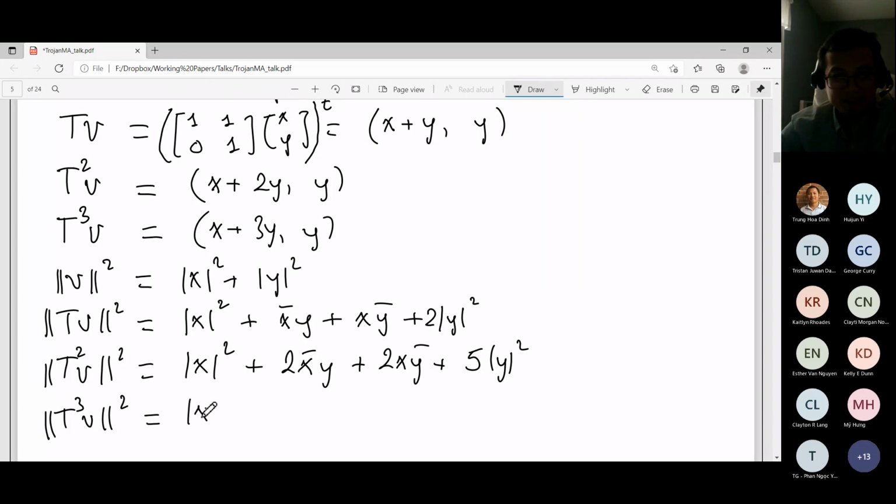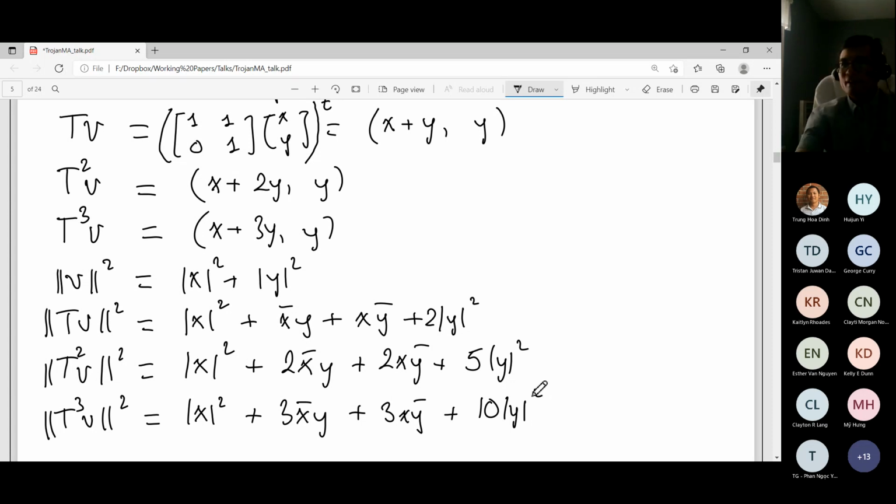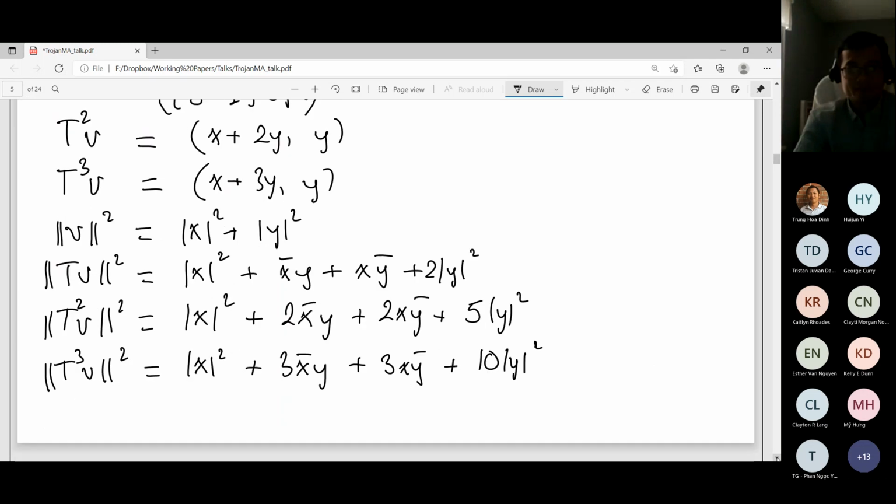But the thing is, I want to show you that from this calculation, we can get something interesting, which we may have not realized before. So it looks like this for T cubed. And this is 10 y squared.